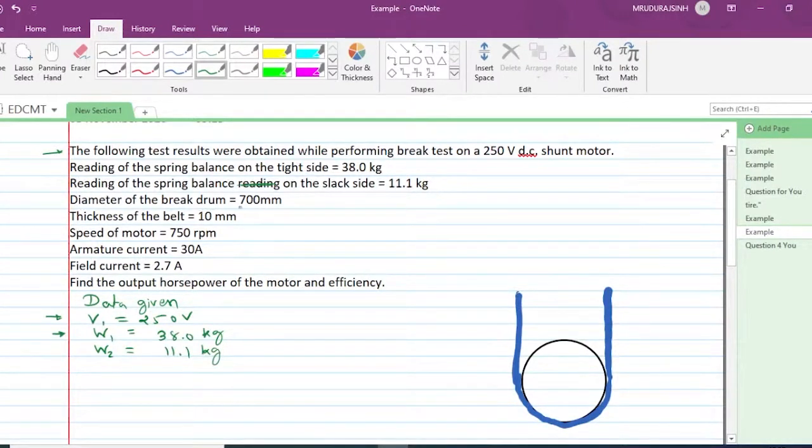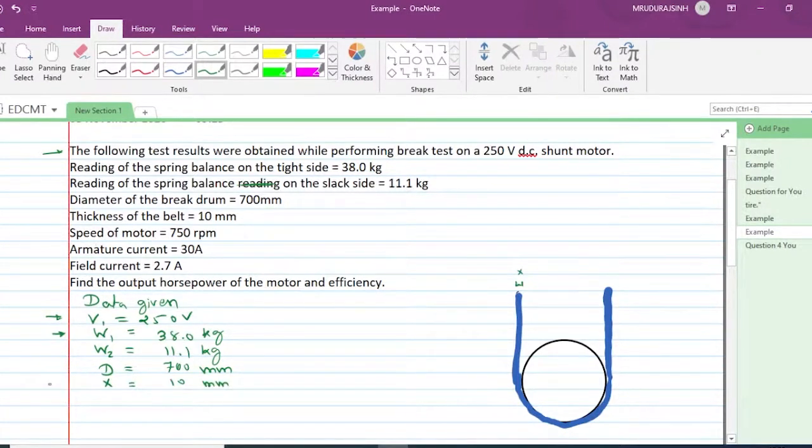Diameter of the brake drum, D, is equal to 700 mm. Thickness of the belt is a new thing for us. We will call it X. The thickness of the belt is given to us as 10 mm.